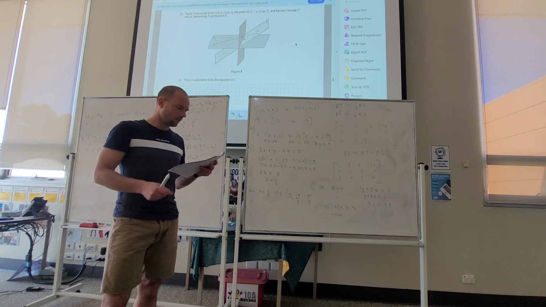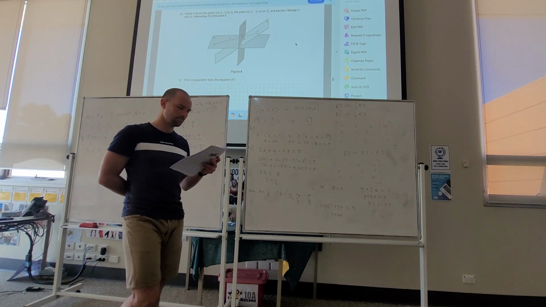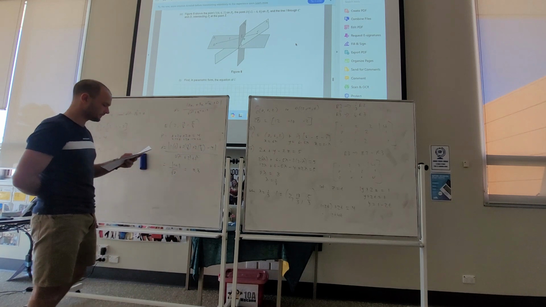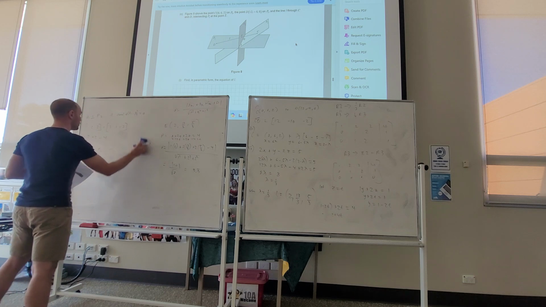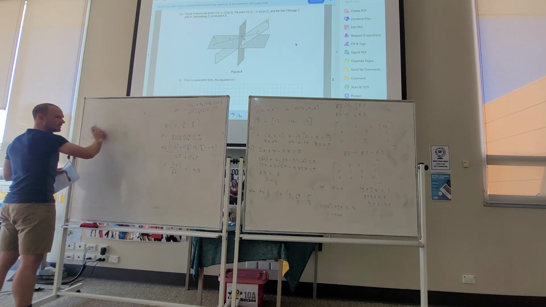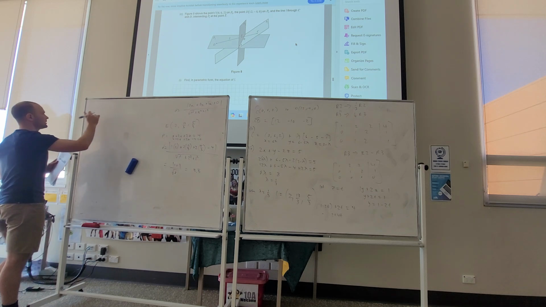Point E on the bridge must be at least 1 unit from P1 and P3. Does this model satisfy the condition? Show calculations. All right, so we've already seen that the distance from E to plane 1 is 3.3. All right, so that's going to be our first point.